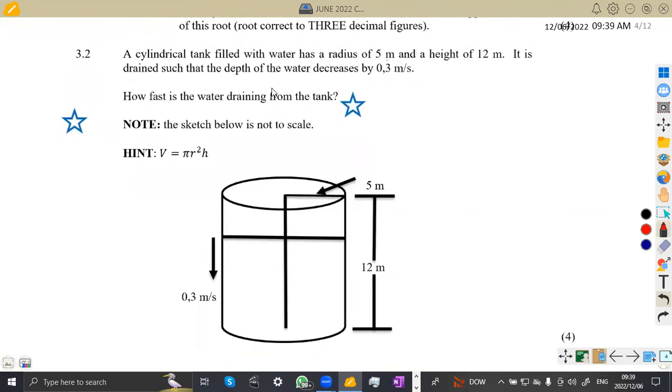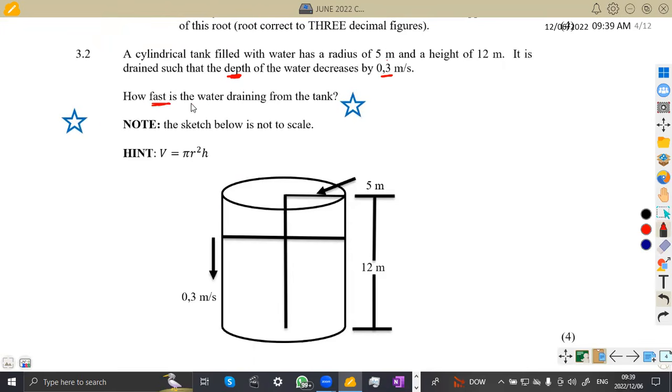It is drained such that the depth of water decreases. Take note, when it is being drained, you are removing water, so it's a decrease that is happening here, and the decrease depends on the depth, which decreases at 0.3 meters per second. How fast is the water draining from the tank?